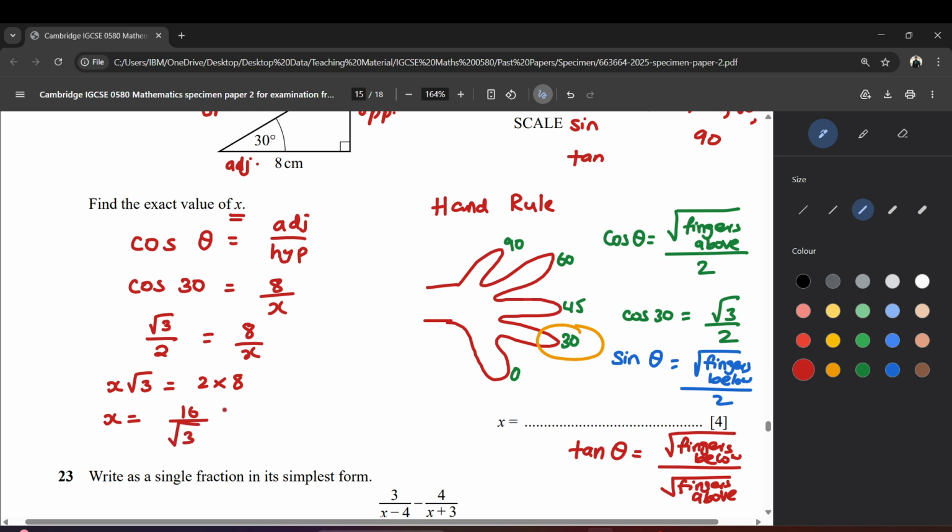If you want, you can leave your answer in this form, or you can also rationalize it. Rationalizing means multiplying by root 3 upon root 3. So this becomes 16 root 3, and root 3 times root 3 becomes just 3. Therefore your answer will be 16 upon root 3, or 16 root 3 upon 3.